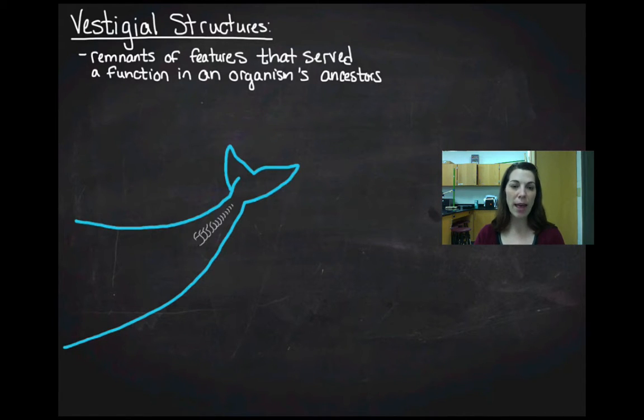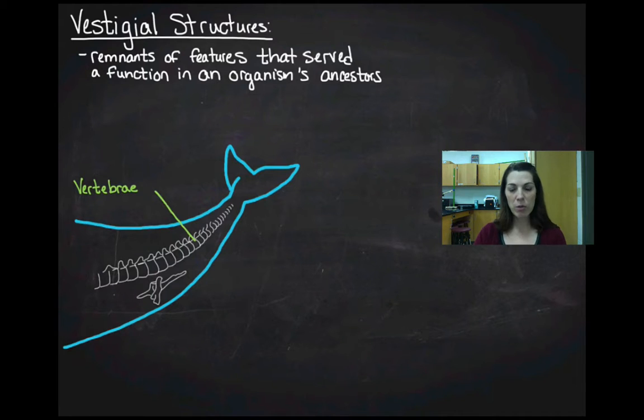So let's look at the whale. The whale's a vertebrate, it's a mammal. And so let's draw its spine in. You don't see this because it's actually inside the whale's body, but the whale has its vertebral column, and it actually has a pelvic bone and a femur. There's no real point or purpose for that, right? Because whales aren't walking around, so they don't need a femur.